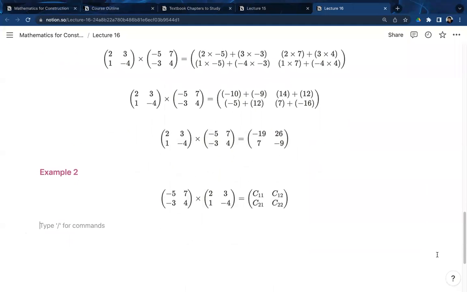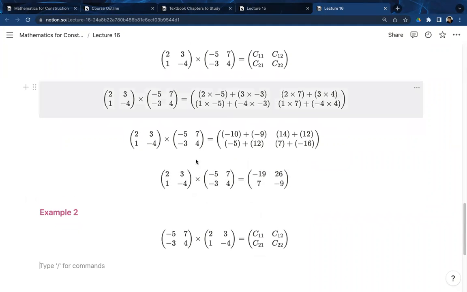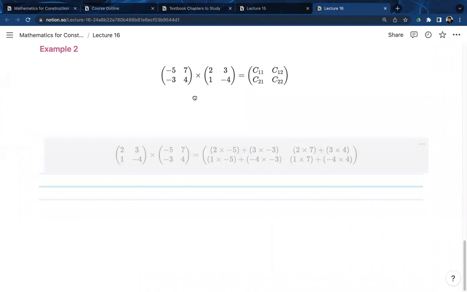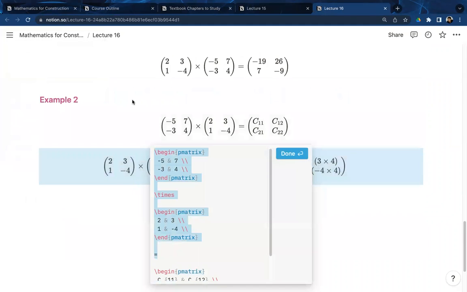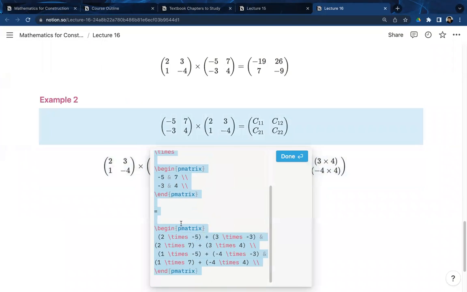So we're gonna take the same approach as up here. Just duplicate this. Drag it down here. Just take out this part.